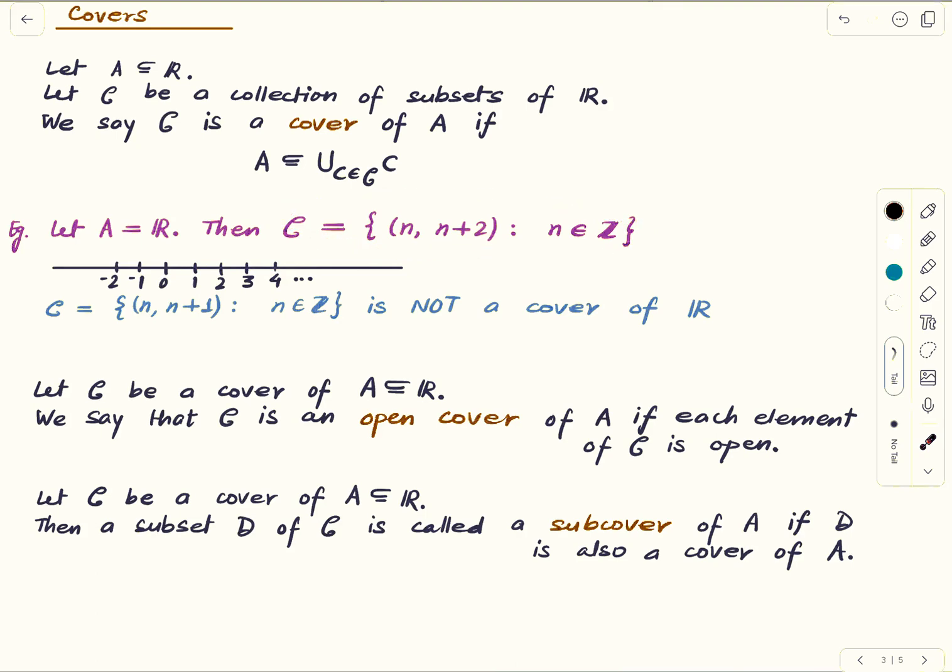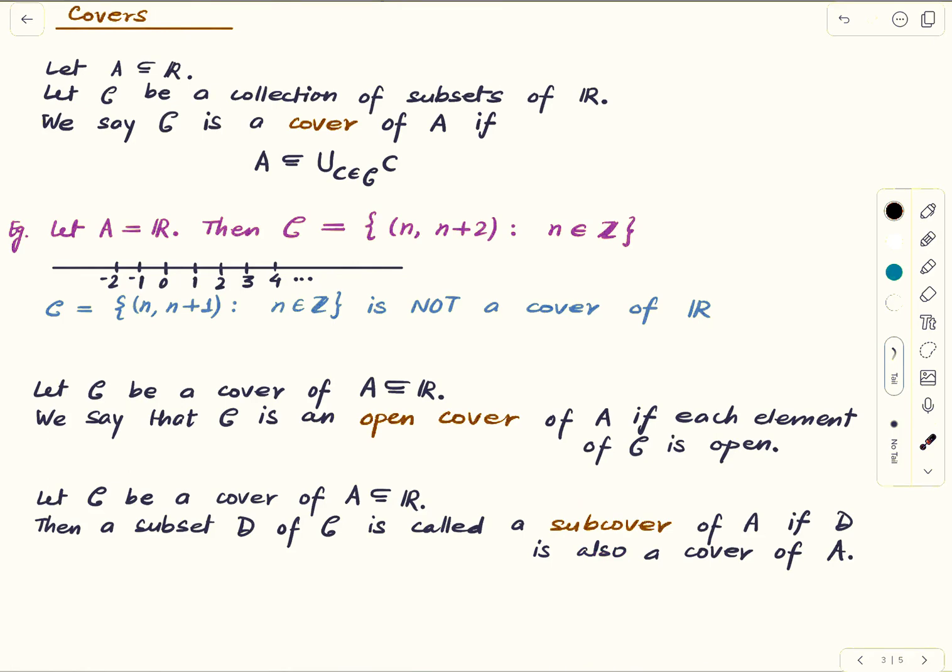For instance, you can artificially add things to it, and then this would be a subcover of any artificially added one. So this definition is fairly simple. I don't think one needs any examples to understand it.